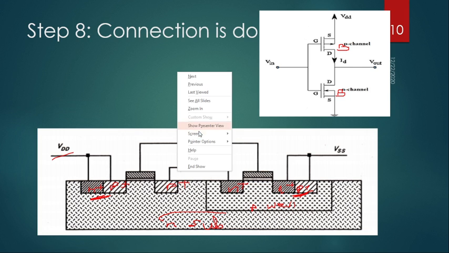If anyhow you get this in exams, or if you want to make the N-well process, what will be the difference? For the N-well process, you start with a P-type substrate, and in CMOS first comes the PMOS and then the NMOS.